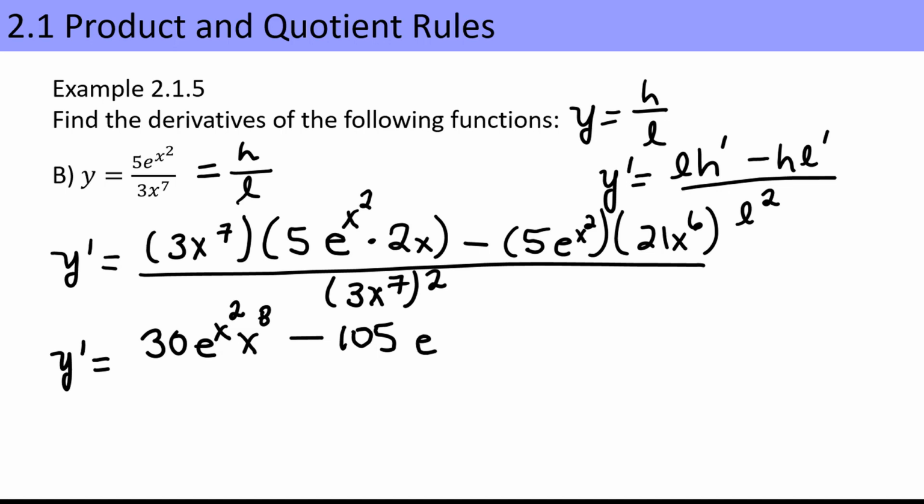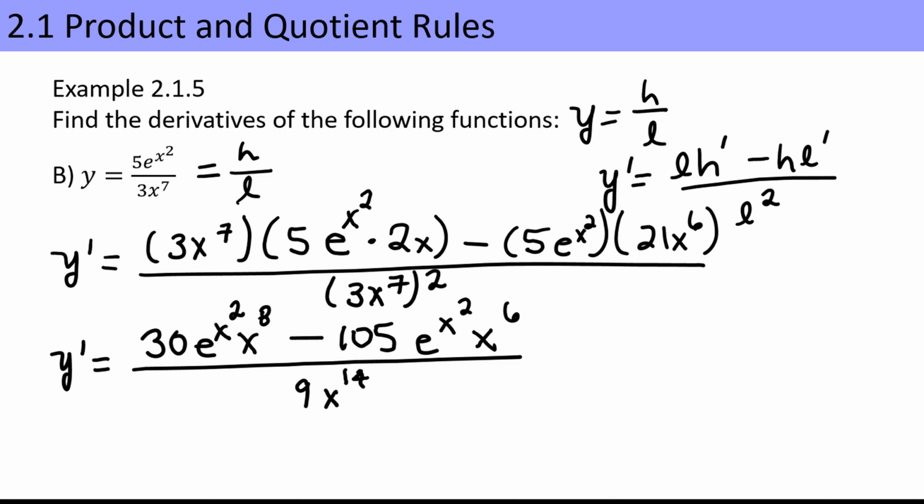We still have e to the x squared, and then we still have the x to the 6th. And in the denominator, 3 squared is 9, and x to the 7 times 2 is 14.